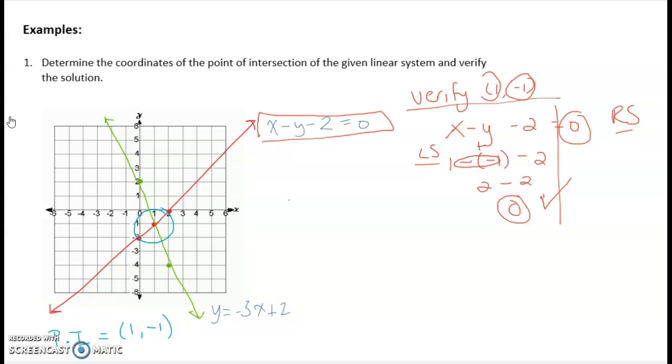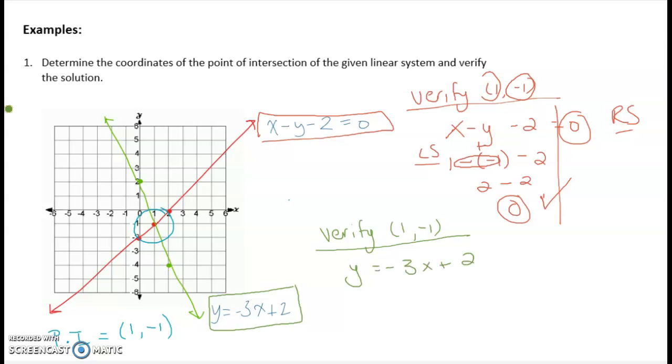So let's try the green line. Let's see if this point satisfies the green line. Okay, so we're going to verify that 1 and -1 work for this equation. So we have y equals -3x plus 2. So draw a line down the equal side.